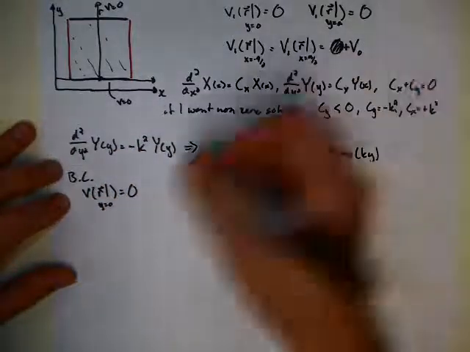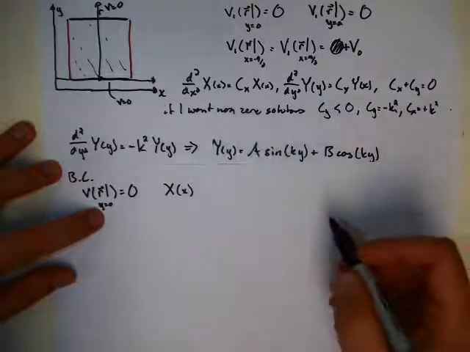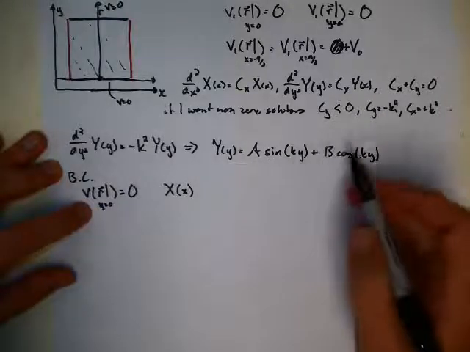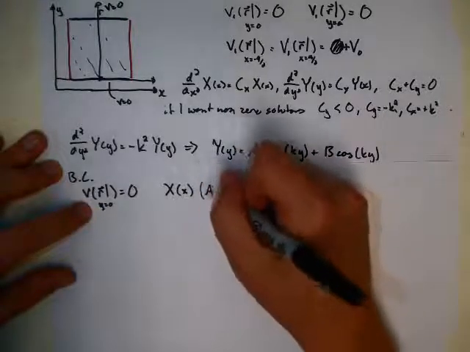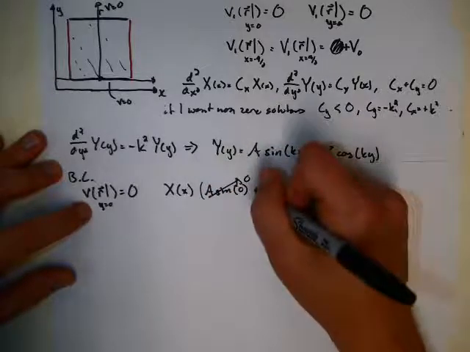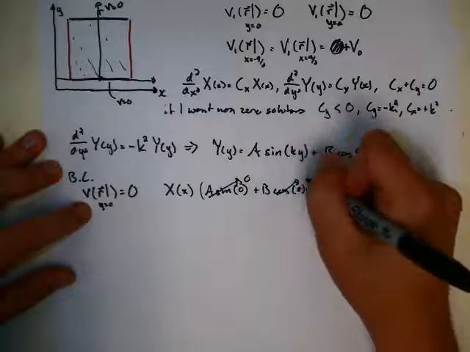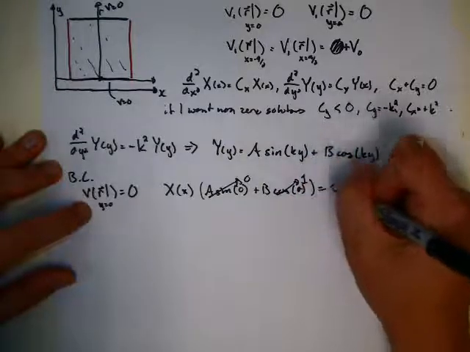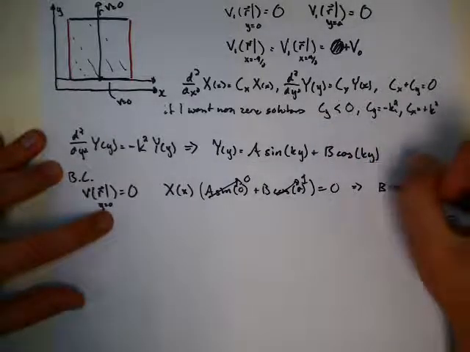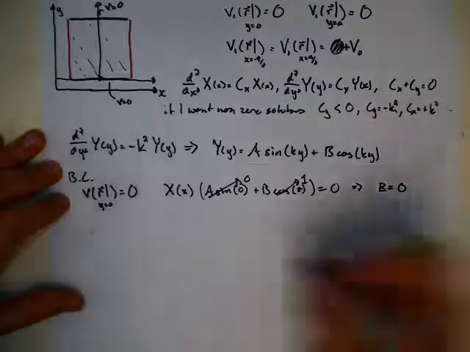So whatever this X of x is, I'm just going to copy it, I don't care about it right now, and then plug in 0 for y. Sine of 0 is 0, plus b cosine of 0, and cosine of 0 is just 1, must equal 0. Well, this will always be equal to 0 only if b is equal to 0. So we'll just use that.